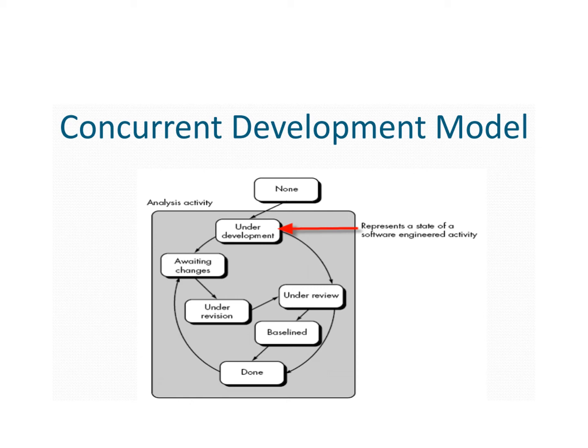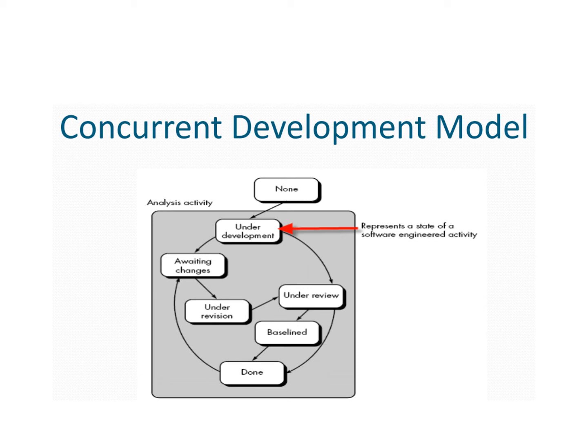The concurrent process model shows the current state of activities, tasks and their associated states that remain in the different phases. So we can work together at the same time within every phase. For example, the design phase may be in an awaiting state and customer communication is in the under revision state.